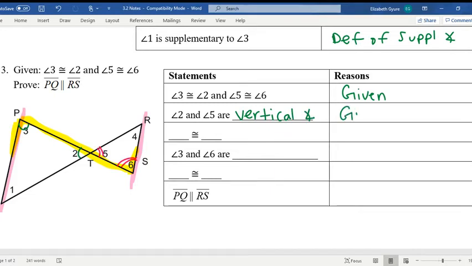That is given by the picture. That's one that you want to look for a lot. Okay. And if they're vertical angles, we can always say that vertical angles are what? Congruent. So we're going to say angle 2 is congruent to angle 5.